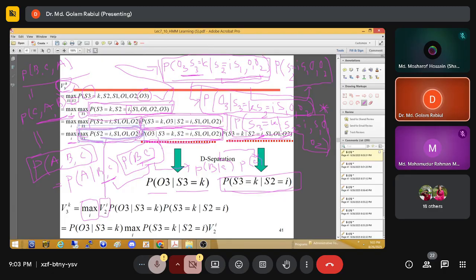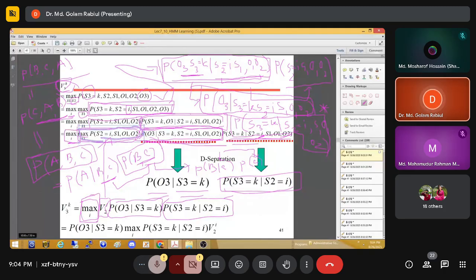So this probability is actually our V2I, and then this probability is our observation 3 given state 3 equal K. And this probability is our probability of state 3 equal K given S2 equal I. So max over I. Max over I is this.